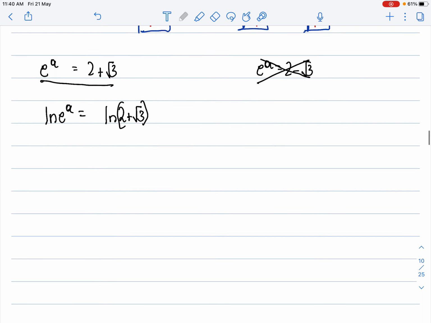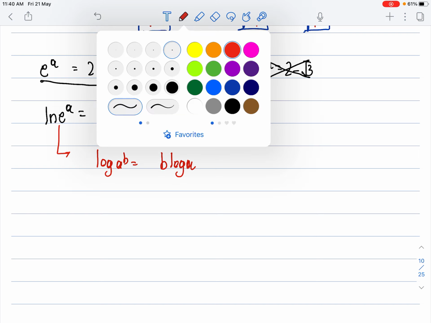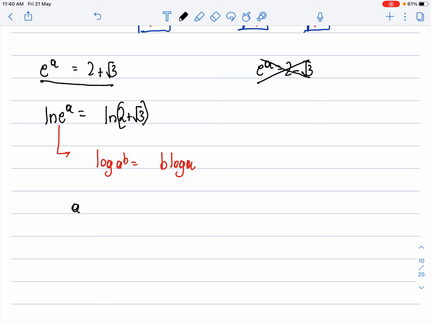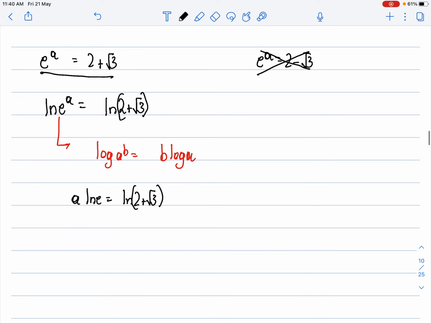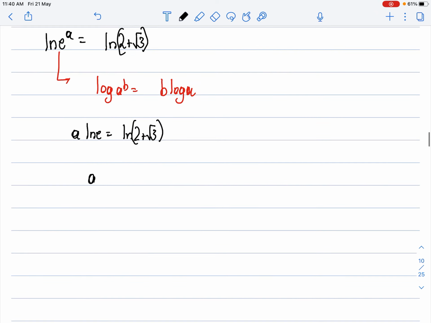Now I can use the log property, which says log of a raised to b is equal to b log a. So I can write this as a ln e is equal to ln 2 plus root 3. Now I know ln e is 1, so a is equal to ln 2 plus root 3, which is the exact number for a.